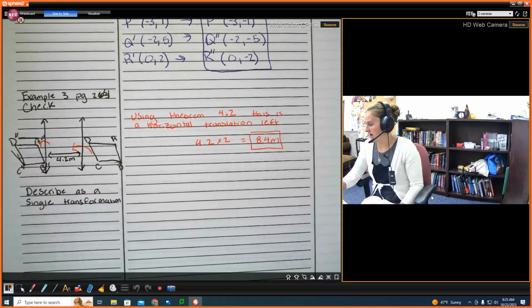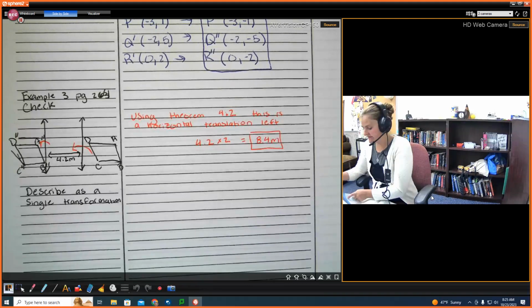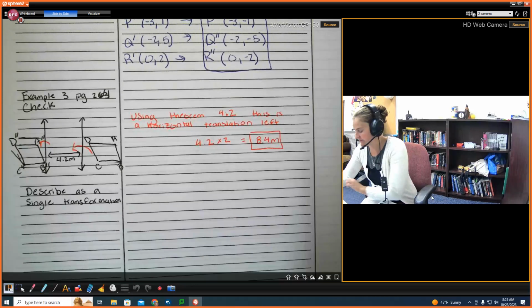Okay. I am going to put in green on the side of this a basic synopsis of what 4.2 says.